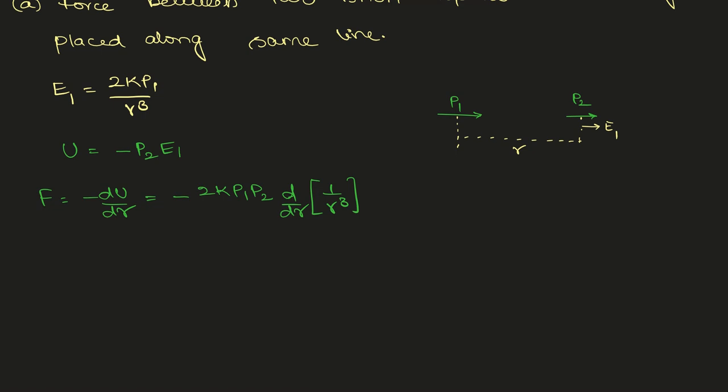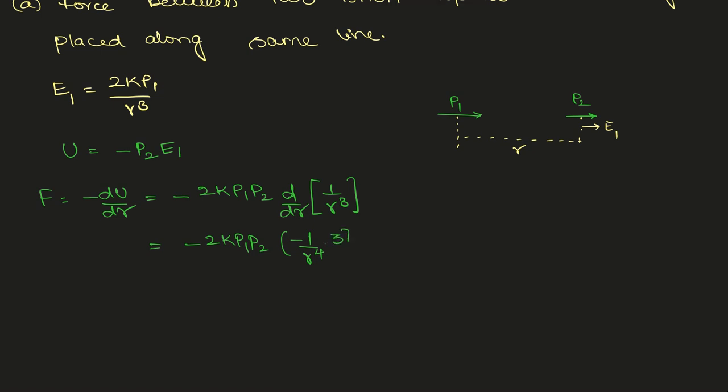I can bring the constants outside. Now minus 2kP1P2, as we have the differentiation of 1 by r cube, it gives minus 3 by r power of 4.